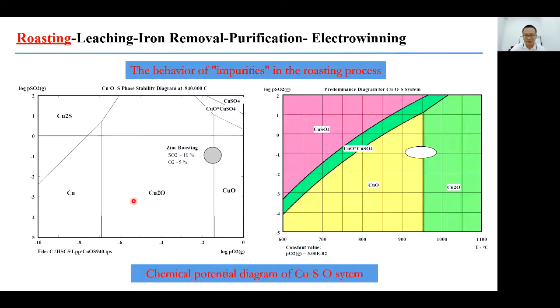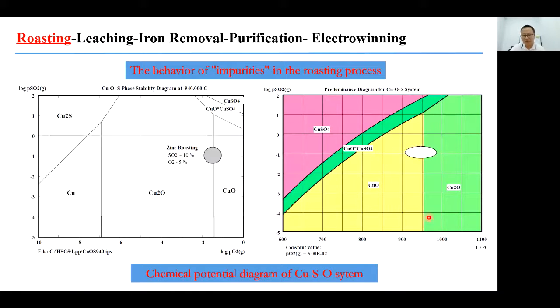These can be leached and will enter the solution. So in this roasting window, copper will convert to copper oxide.